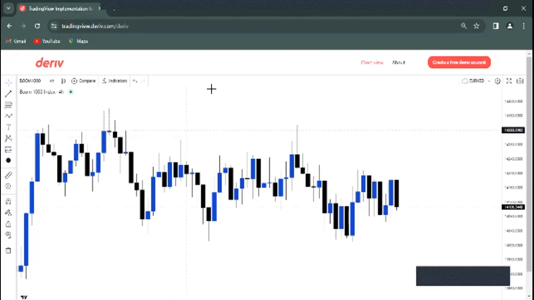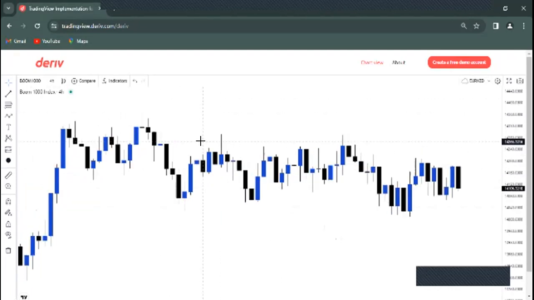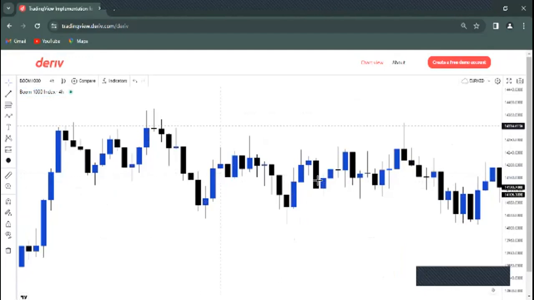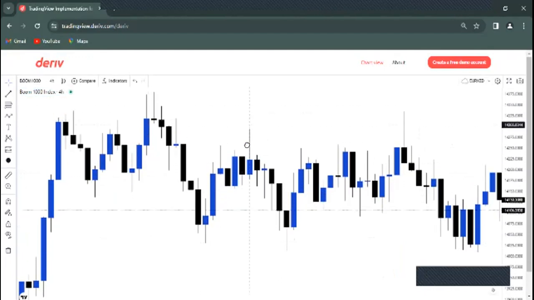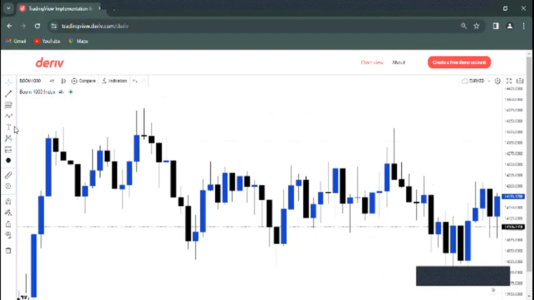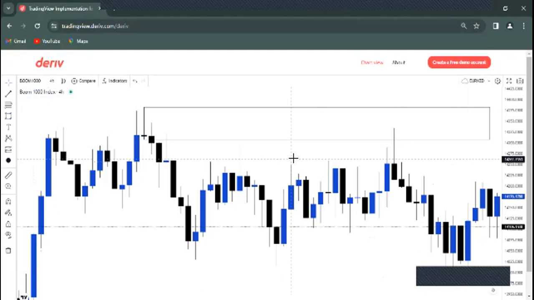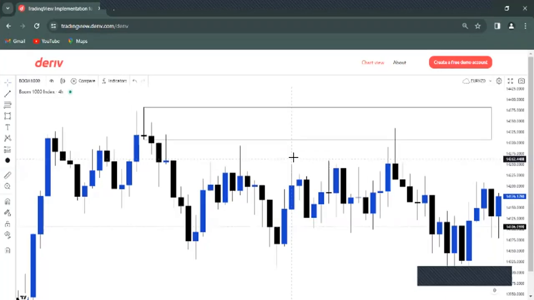So let me take an example: you might have something like this on a higher time frame. You might have a very big box like this on higher time frames, right? So an order block moves from the higher time frame to smaller time frames to refine the supply and demand.